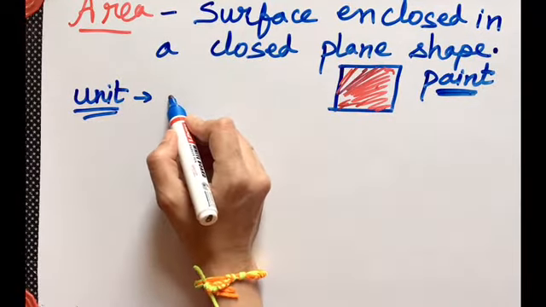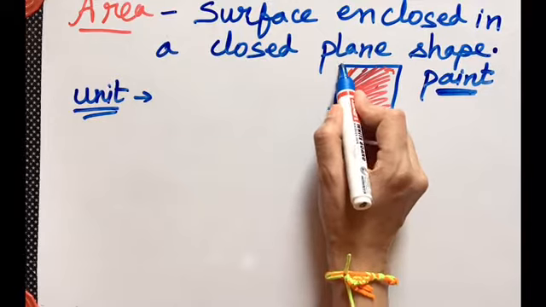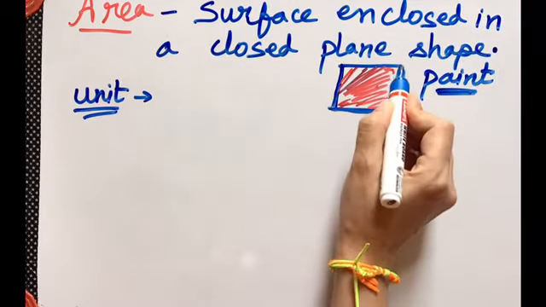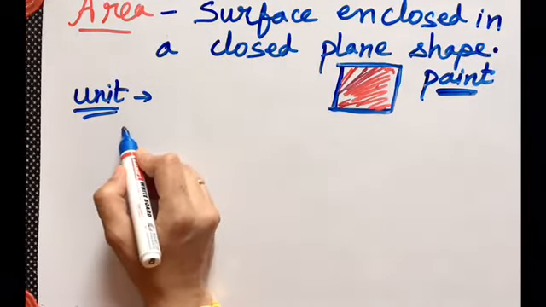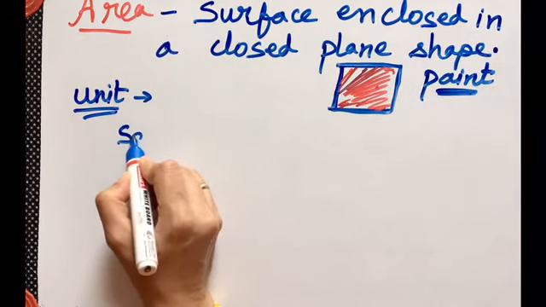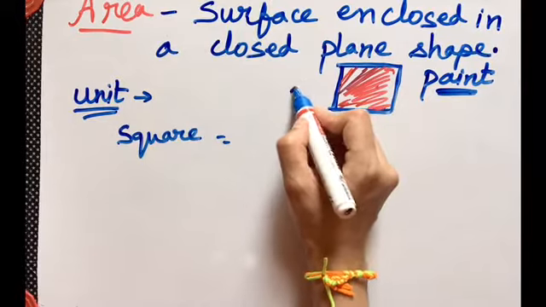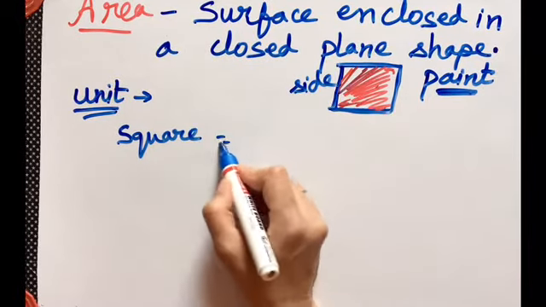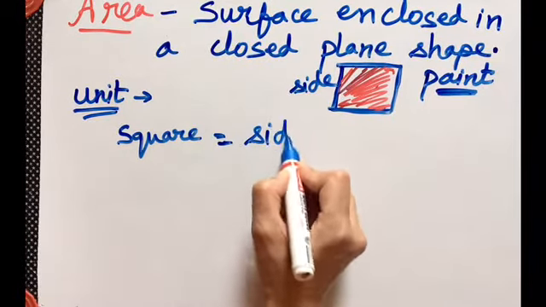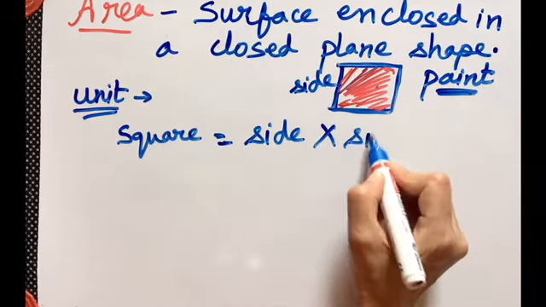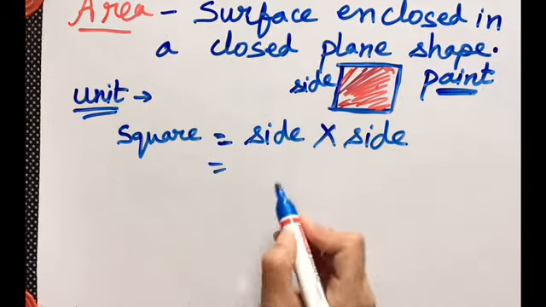If this is a surface, so let us take the area of a square. If this is a square with side, its area will be side multiplied by side. So what is the unit of side?